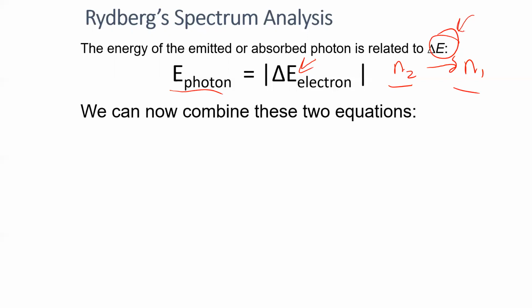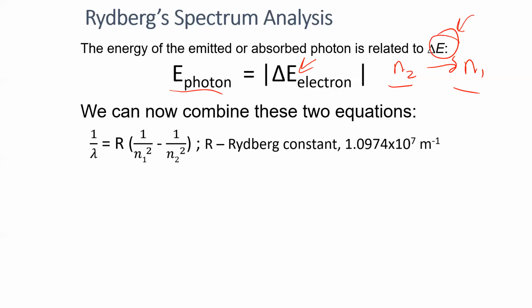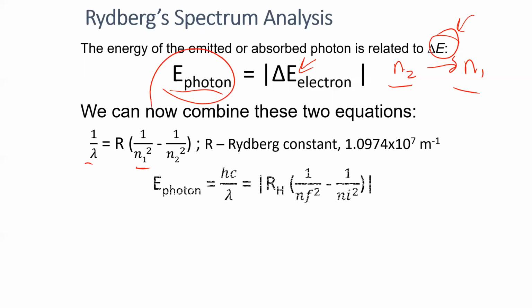So we can combine Rydberg's equation that we just did, which allows us to determine to what energy level it drops down using the wavelength, to actual energy, quite simply, by remembering that the energy of a photon is Planck's constant times the speed of light over wavelength.